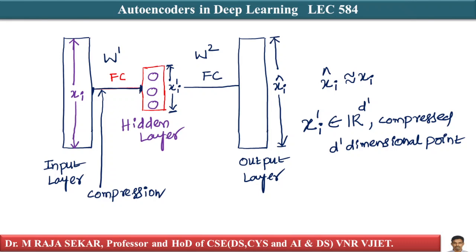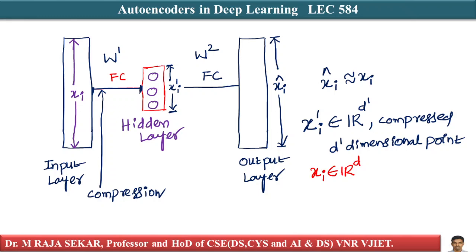Your xi dash belongs to R power d dash, which is a compressed d dash dimensional representation. Your xi belongs to R power d, so xi is a d dimensional vector, while xi dash is a d dash dimensional point.